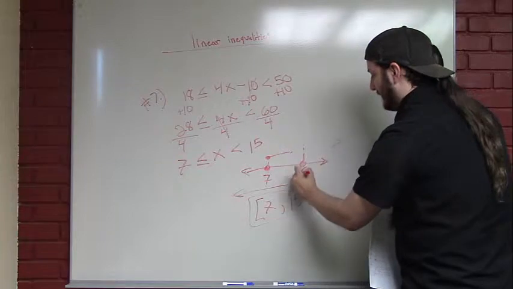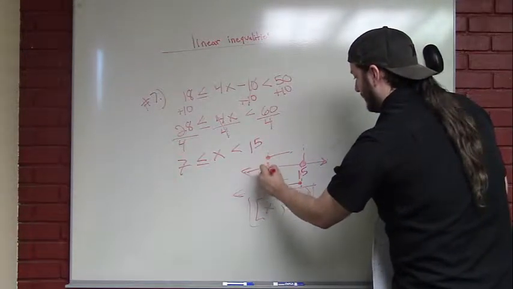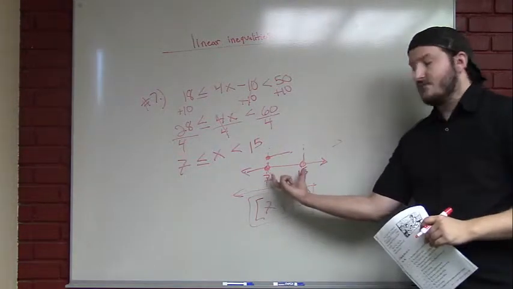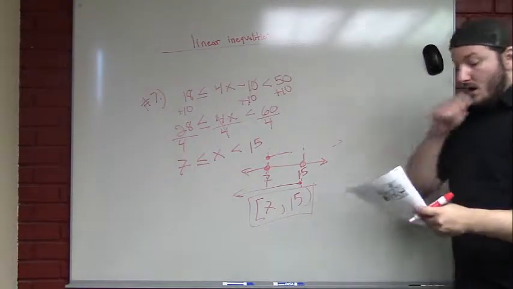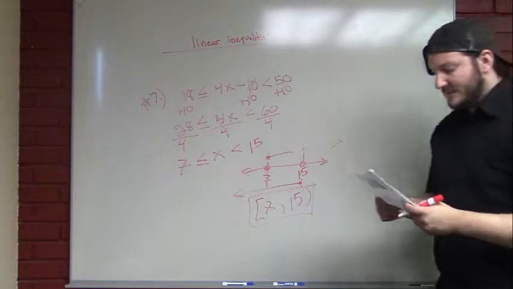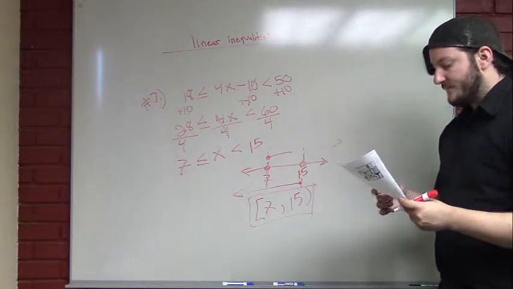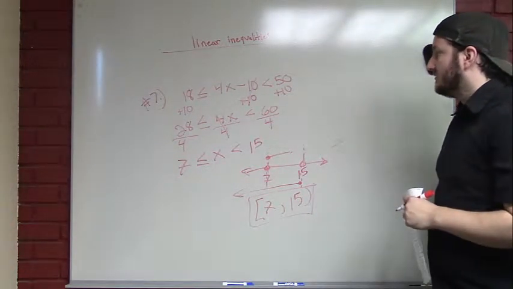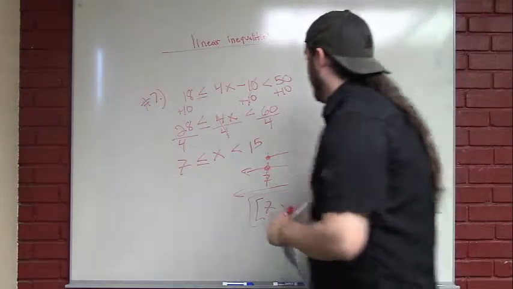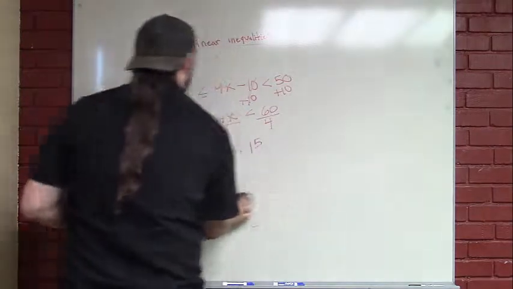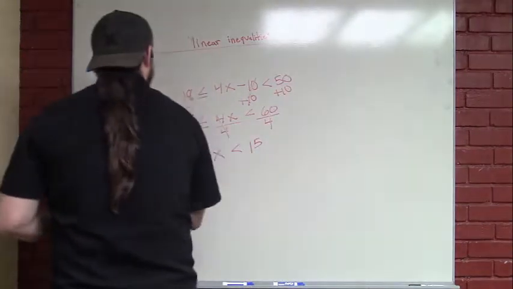And they only overlap from there to there. Okay? Cool. So that is the examples of inequalities. Now we're going to do some inequalities with some word problems.